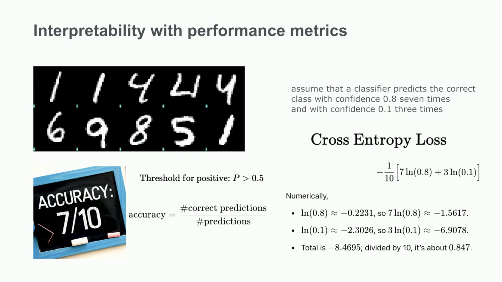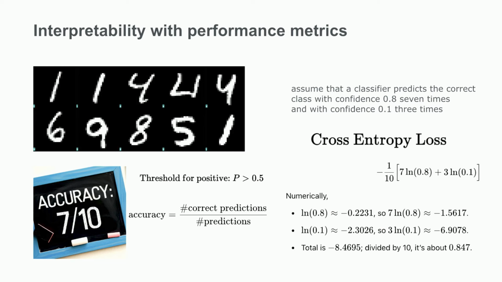So let's think about what we were doing with the MNIST dataset, and imagine that we have a classifier that does 10 predictions, 7 really confident correct predictions with 0.8 probabilities, 3 uncertain correct predictions with 0.1 probability. And then if we were to look at the values that we have in cross-entropy loss, we're going to get a total loss that is about 0.847.